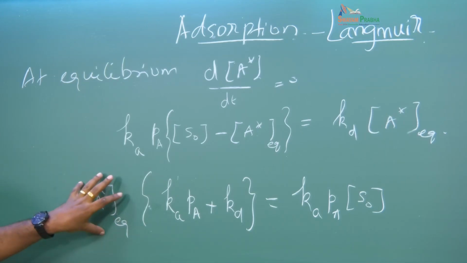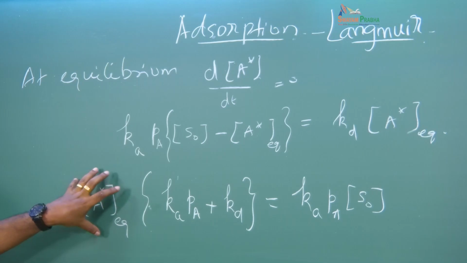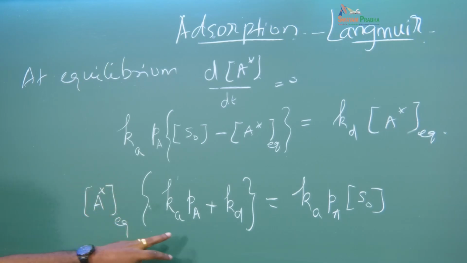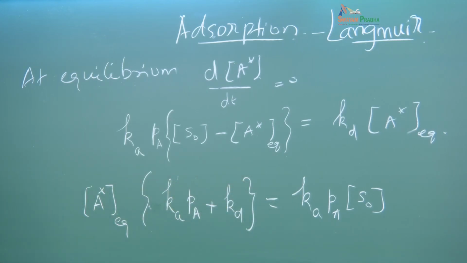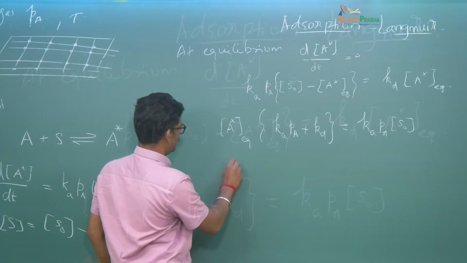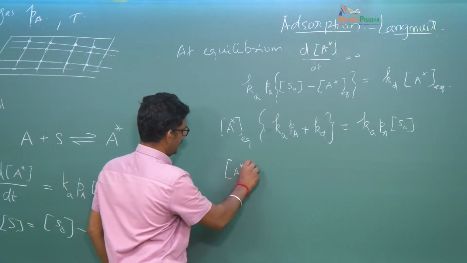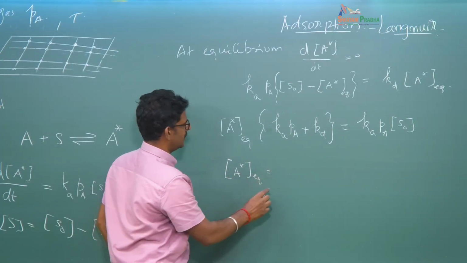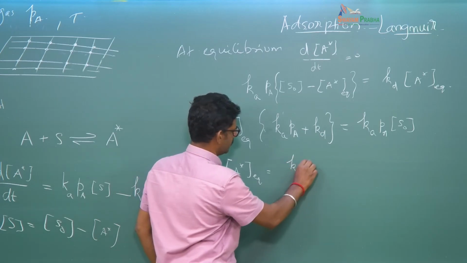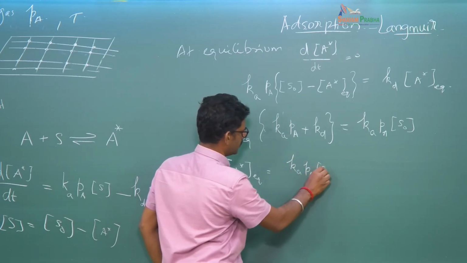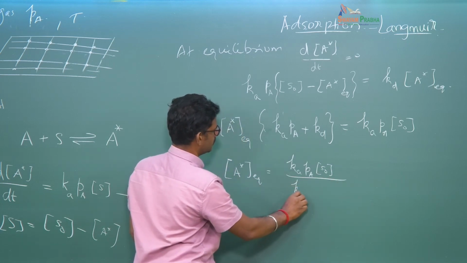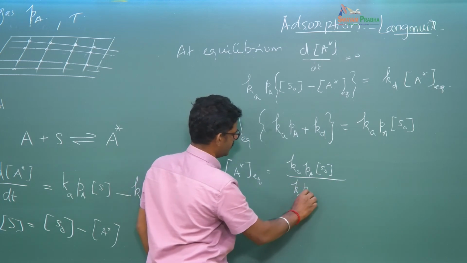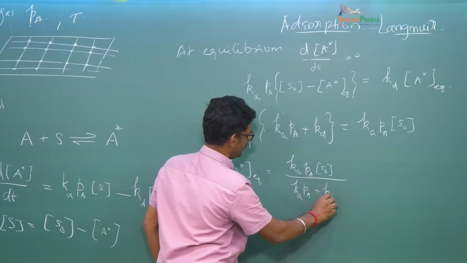So you will have A star at equilibrium times the sum of Kd plus Ka Pa, and the other term goes to the other side. So A star at equilibrium is basically Ka Pa S naught by Ka Pa plus Kd.